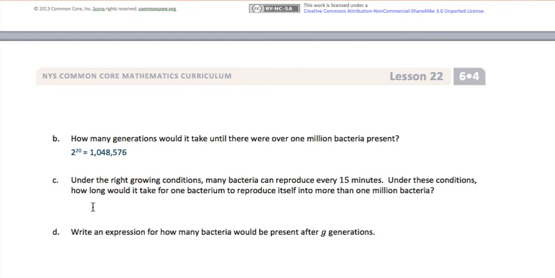So we would have 20 times 15, which equals 300 minutes or 5 hours. That needs an exclamation mark. 5 hours under the right growing conditions for a bacterium 1 to turn into over 1 million.